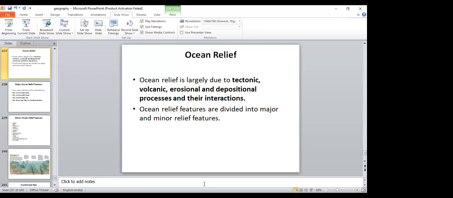Sir, we can write the introduction as: the theory of plate tectonics was inspired from continental drift theory, convection current theory, and theory of seafloor spreading. And also we can write that it was suggested by two persons, that is Mackenzie and Parker. That's all about the introduction.